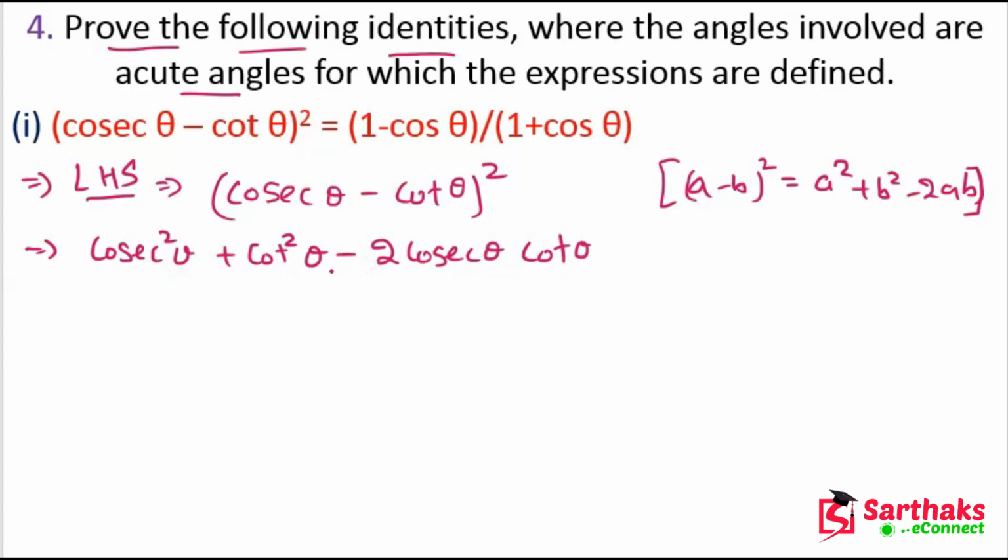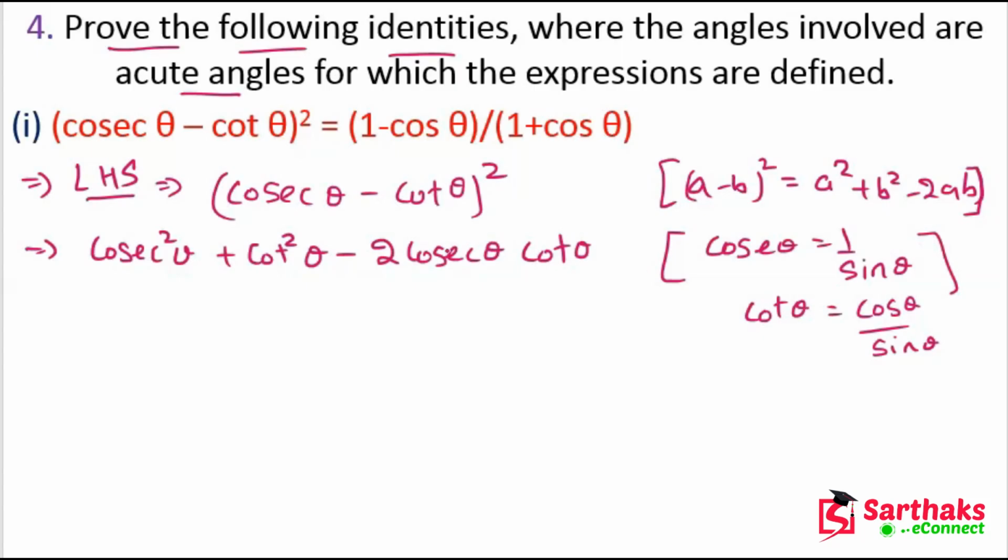Okay, now applying the corresponding inverse function and equivalent ratio to simplify, we know that cosec theta is equal to 1 upon sin theta and cot theta is equal to cos theta upon sin theta.